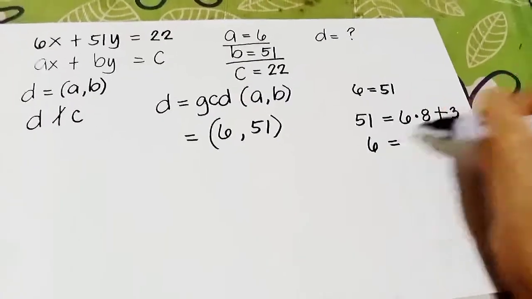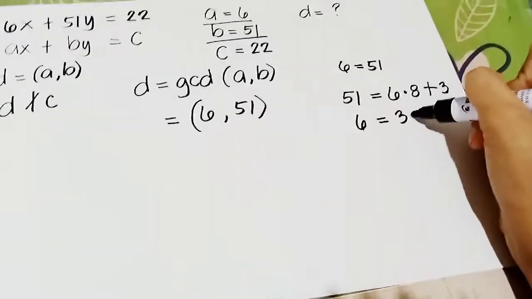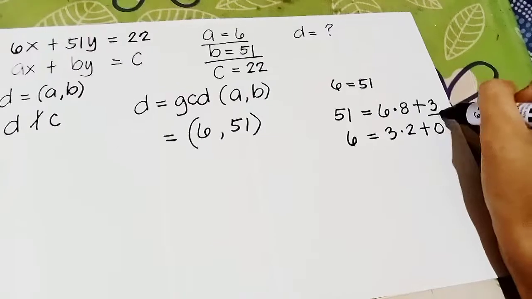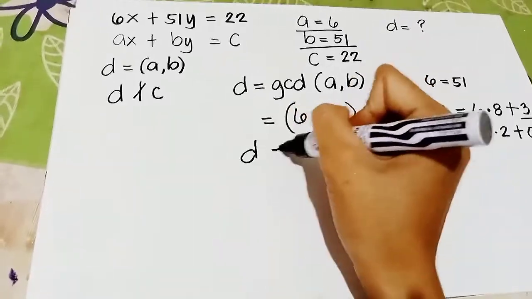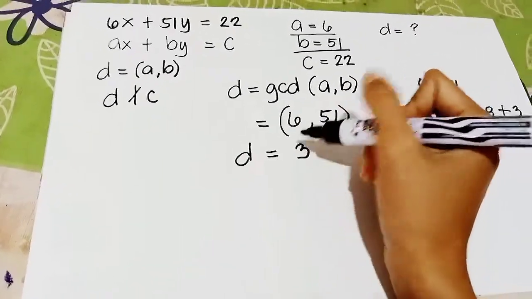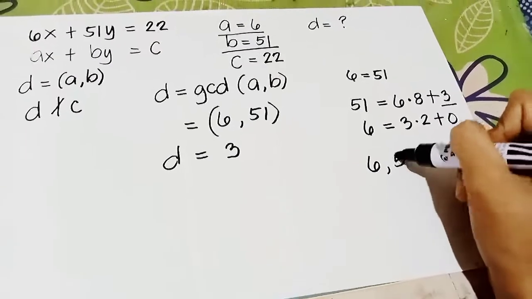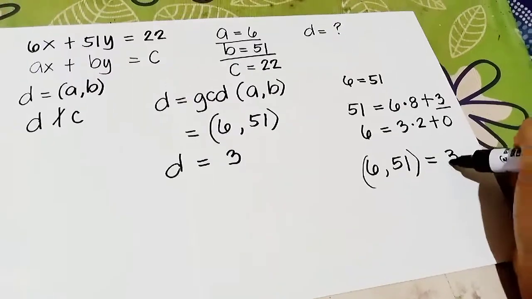Copy the 6, and the remainder is 3. 6 divided by 3 is 2, so plus 0, we don't have a remainder now. Therefore, d is 3. The GCD of 6 and 51 is equal to 3.